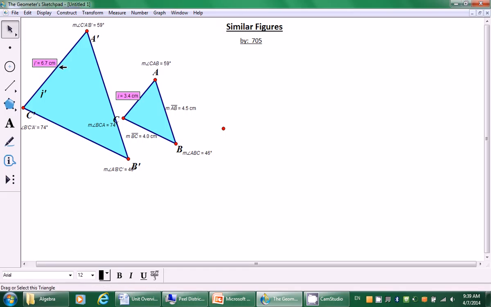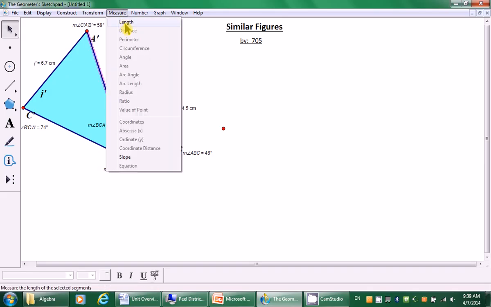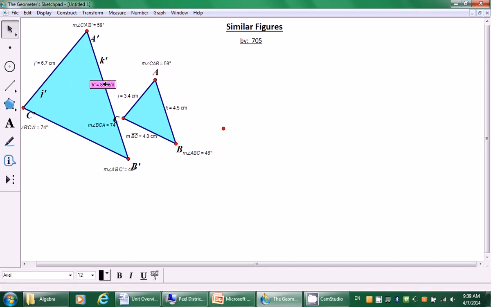So I want you to think of a relationship between these two numbers. All right, let's measure the next side. Measure length. So my original triangle had a length of 4.5 centimeters, and my new triangle has a measurement of 8.9 centimeters.